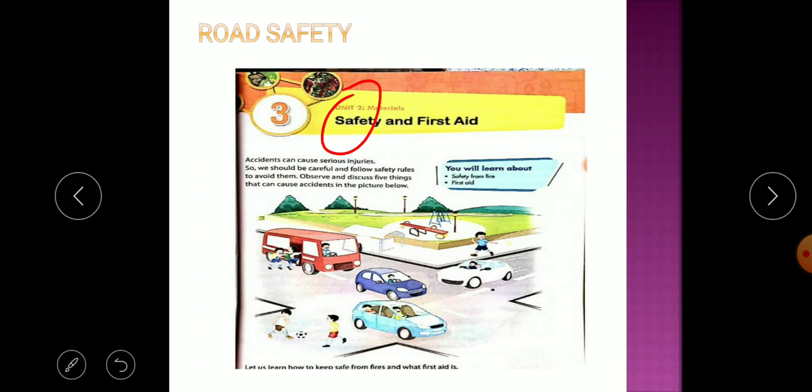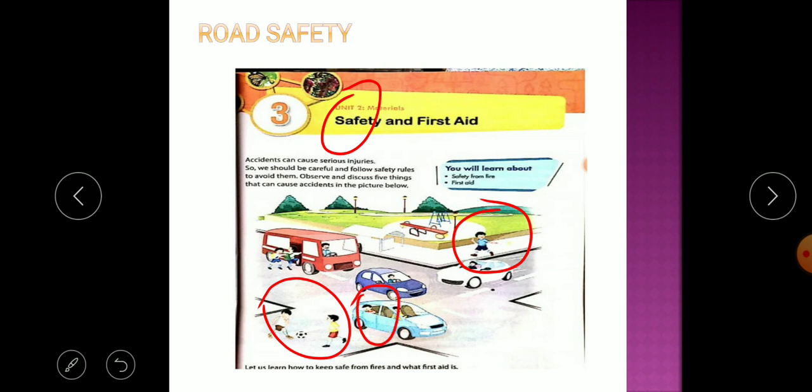So, here in this picture, let's find out certain situations where an accident might happen because of avoiding a safety rule. This is the first picture where a boy may fall over a banana peel. This is the second picture where the kids are playing in the middle of the road and they can end up hurting themselves.